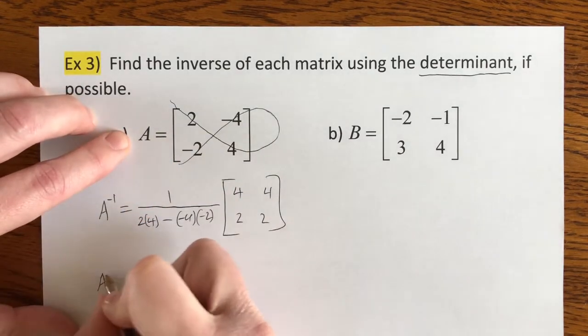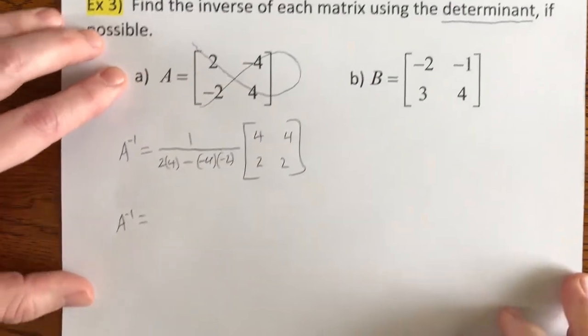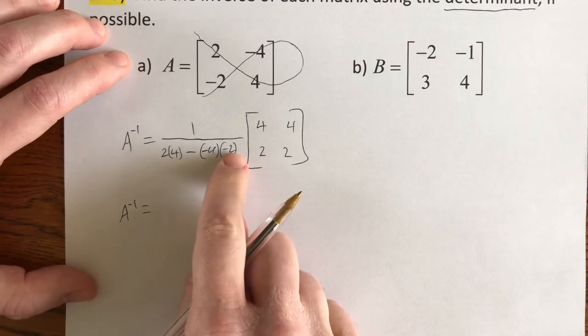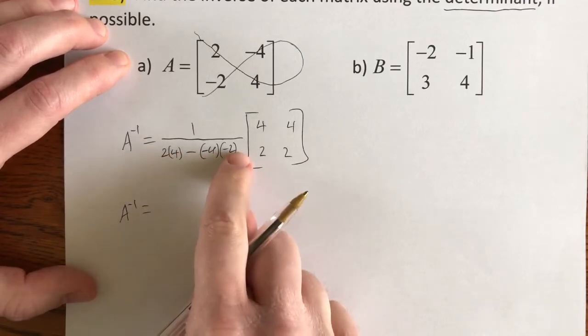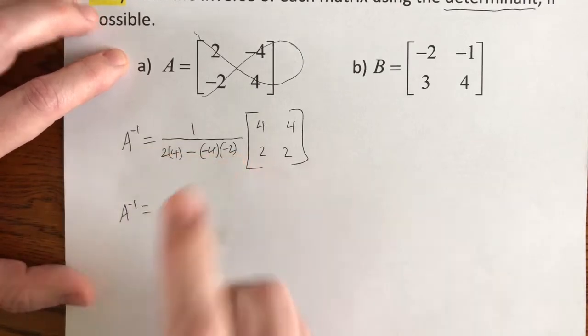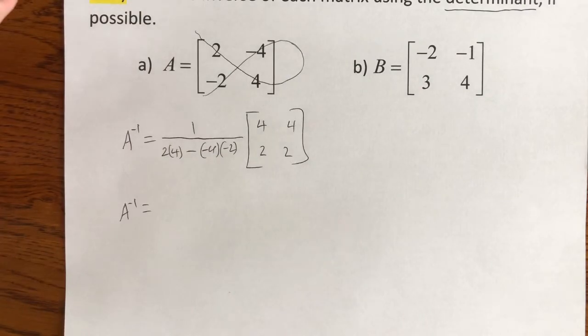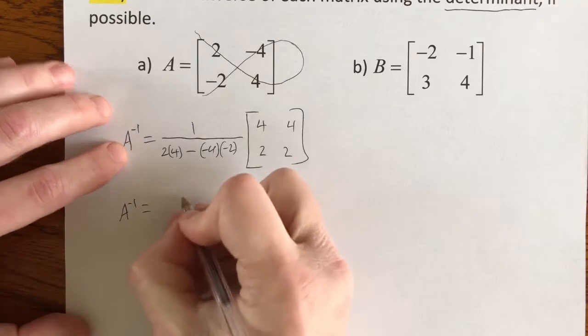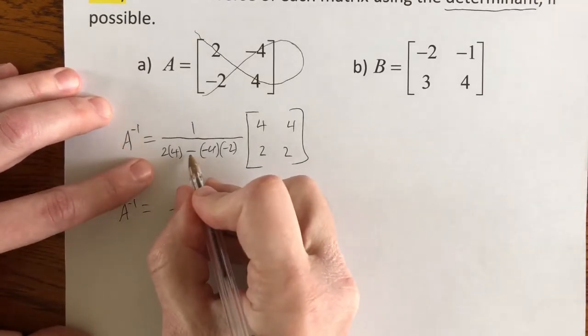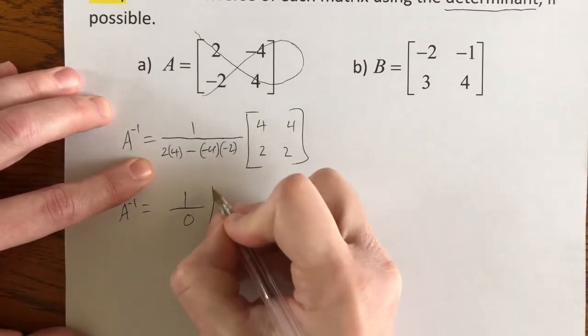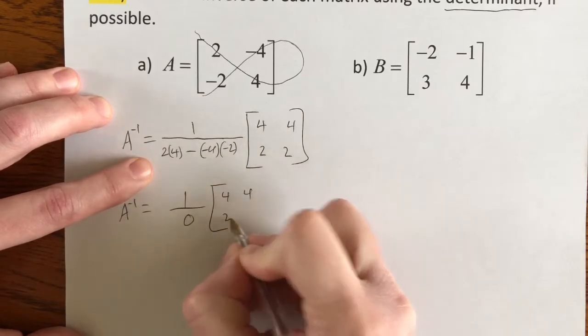Now note, in this particular case, what's happening in this denominator, which again, folks, is the determinant. It's really the determining factor of whether or not you're actually going to be able to come up with an inverse. So in this case, 8 minus 8 is 0.